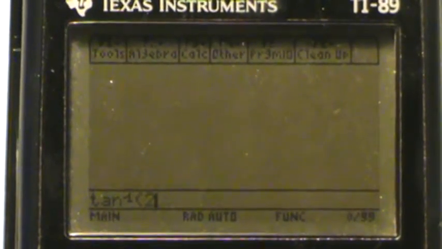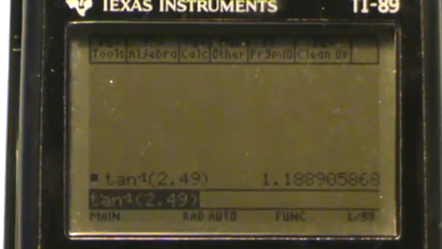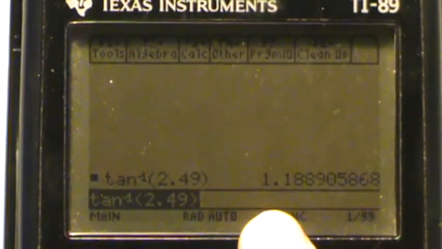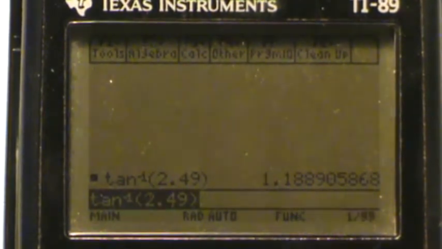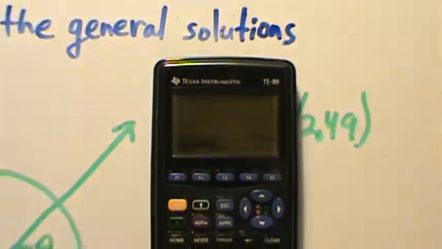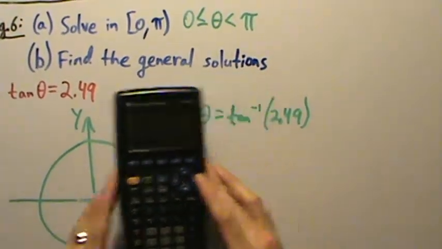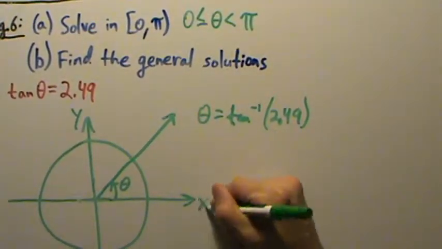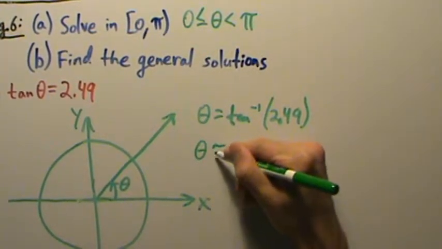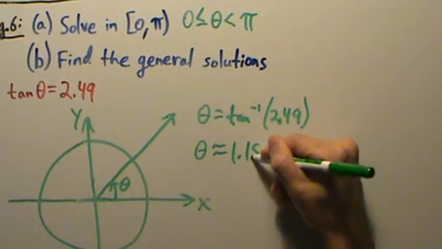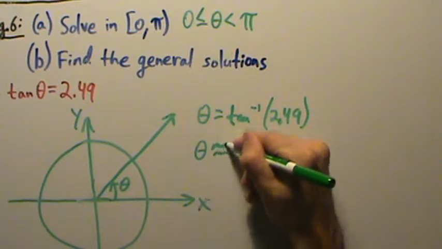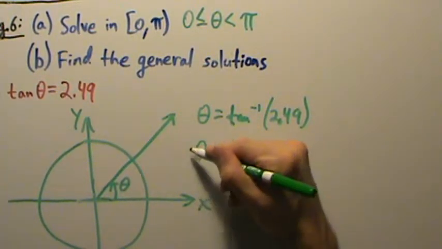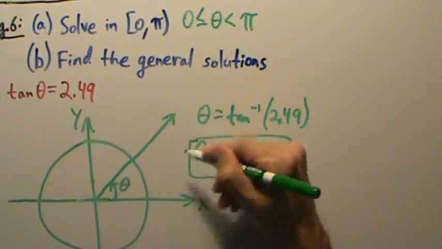The inverse tangent of 2.49 is approximately 1.1889. So let's write that down. Theta is approximately 1.1889. And that's pretty much it for part A. That's our answer for part A right there.